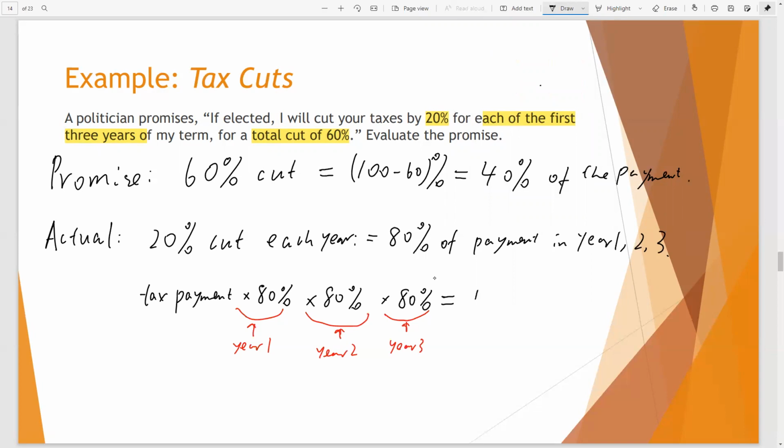So the tax payment is actually multiplied by 0.8 times 0.8 times 0.8.